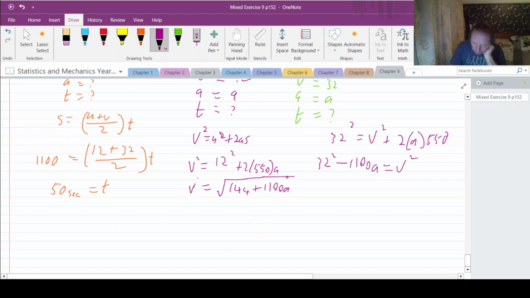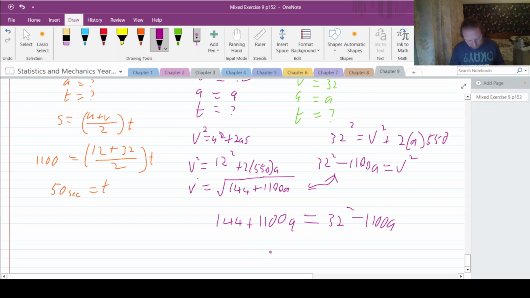And so we end up with this dilemma that we can put both of these equations together and have 144 plus 1100a is equal to 32 squared minus 1100a. This doesn't seem to be correct at all, but we'll persevere and see what happens.